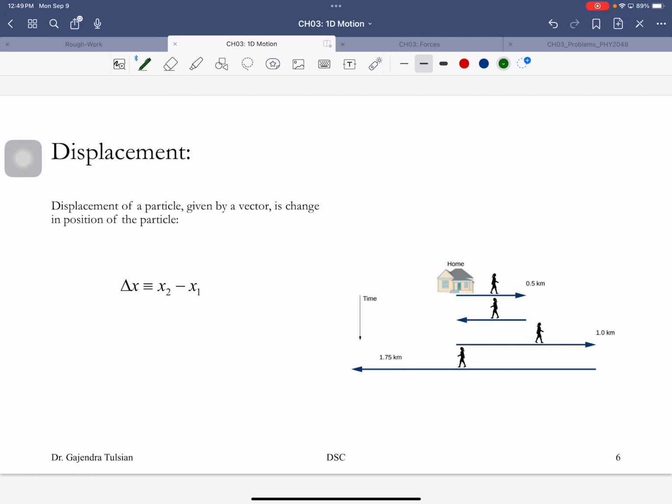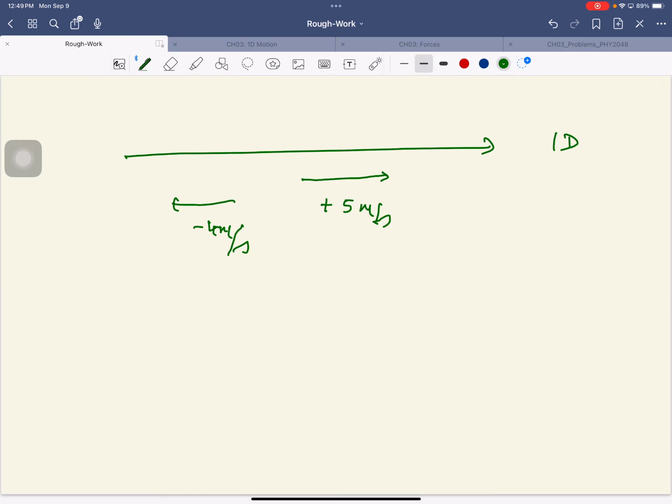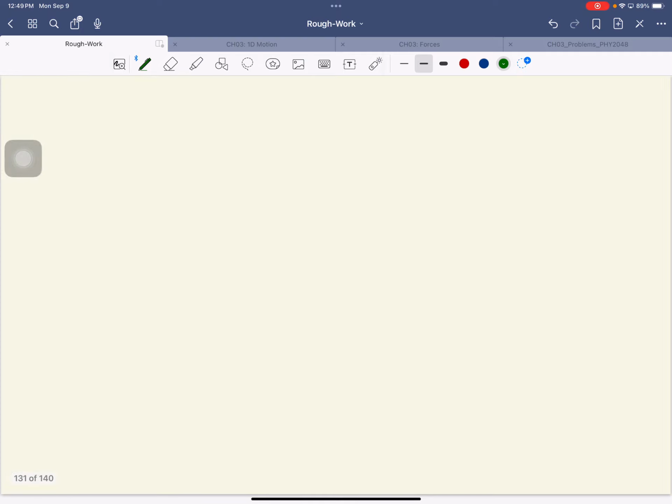Before I go back to the slides, let me make one point. So this is a motion in one dimension.